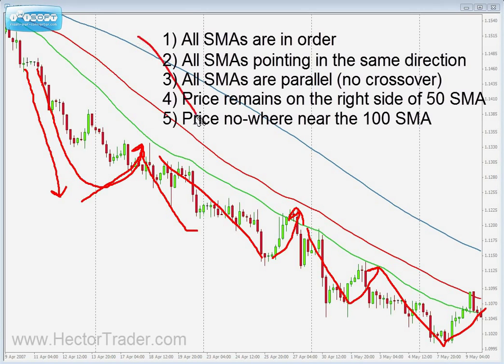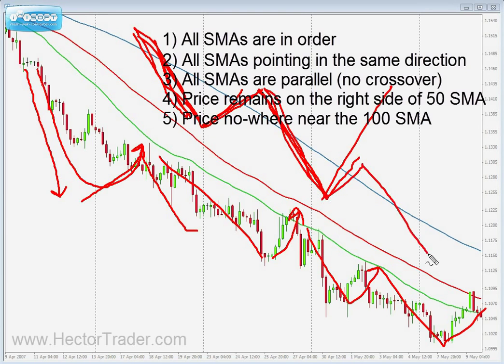A swing in the direction of the trend, a little bit of a pullback, which is never as long as the previous swing in the direction of the moving averages. Then once the pullback has finished, we take off in yet another swing in the direction of the moving averages, then yet another pullback, which is never quite as long as the previous swing, and then another swing, etc.